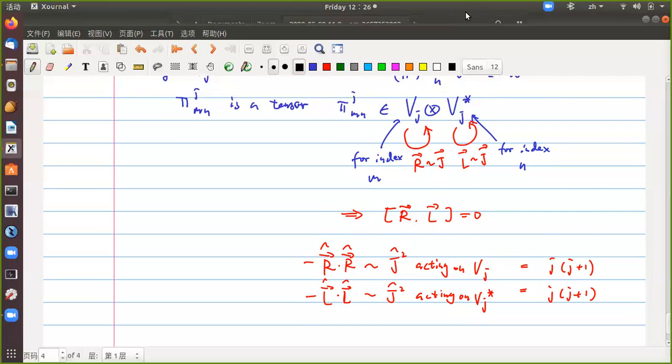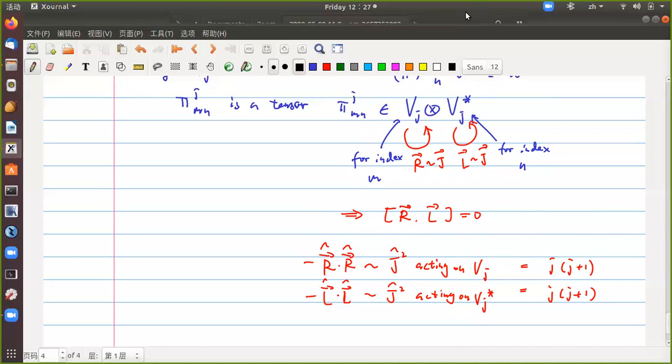Just like I explained, although functions on SU2 form an infinite dimensional Hilbert space, all those states are like bound states. It doesn't really contradict. Okay, all right. Is there any other question?